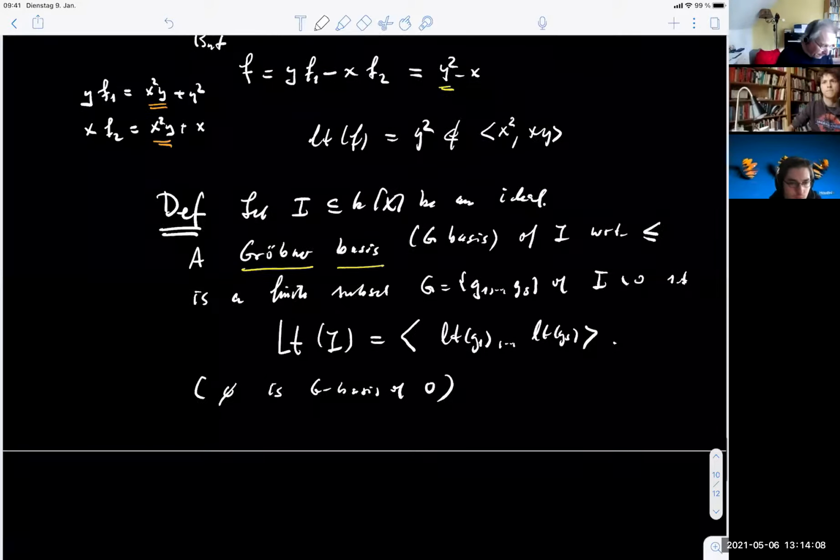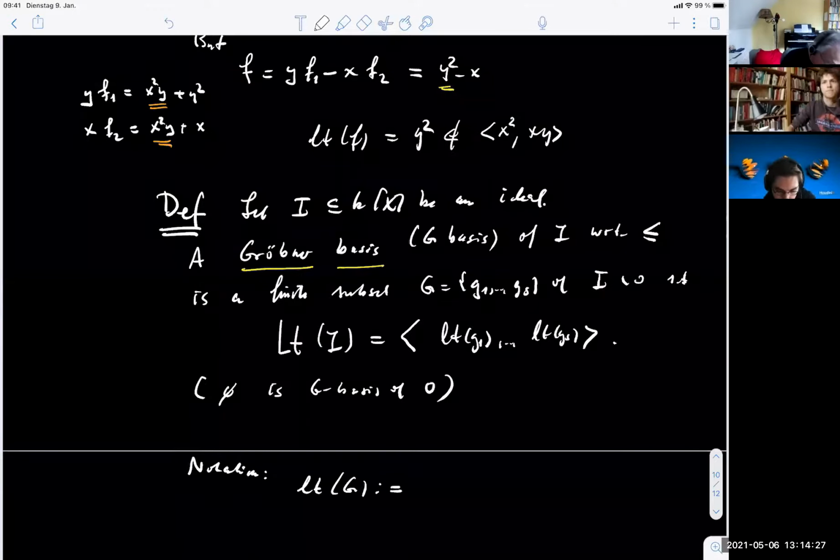It's good to have a notation to save some writing. I write LT of G as shorthand. This is a set, not the ideal, just the set of leading terms.